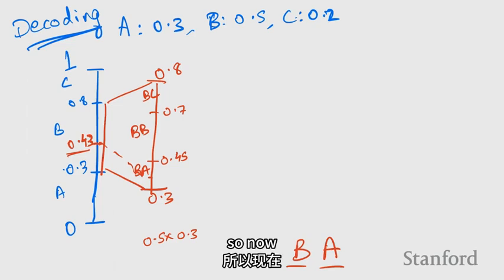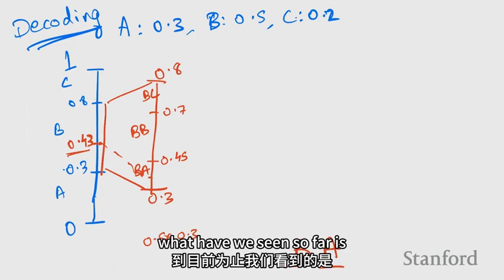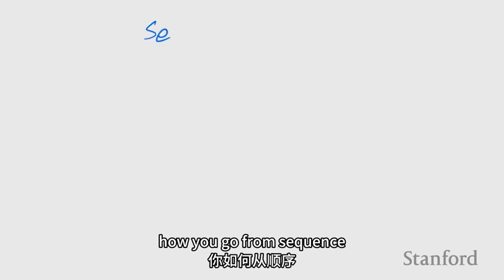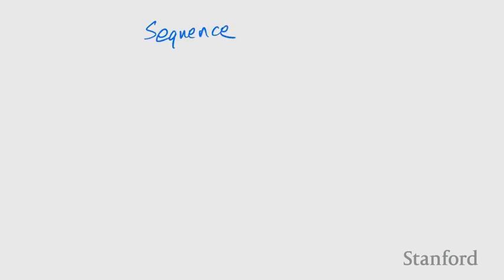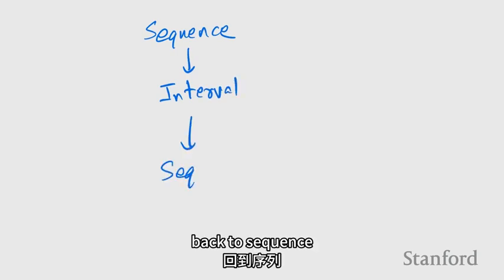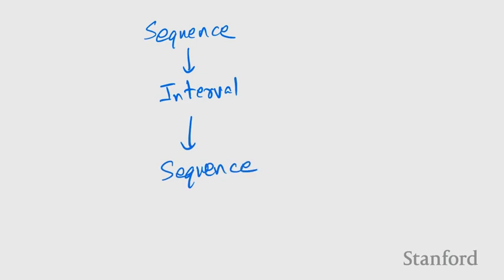Okay, so what we have seen so far is how you go from sequence to interval, back to sequence, right? How do you know when to stop?